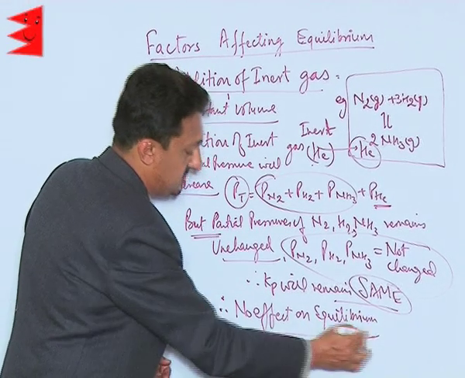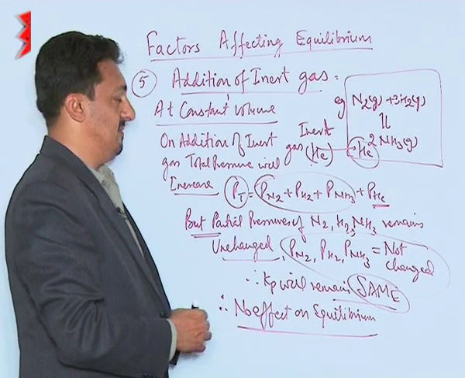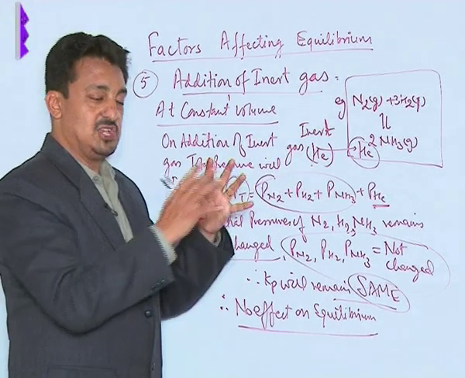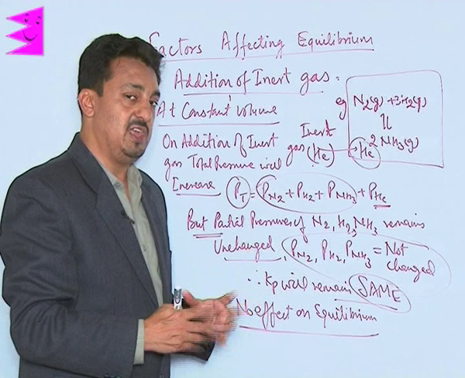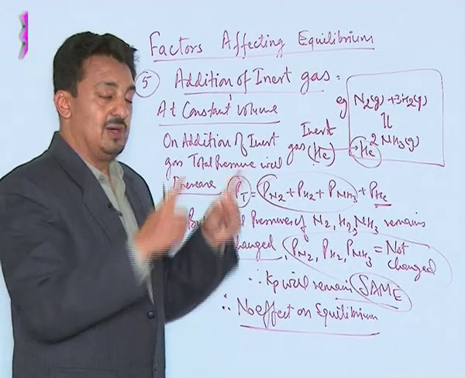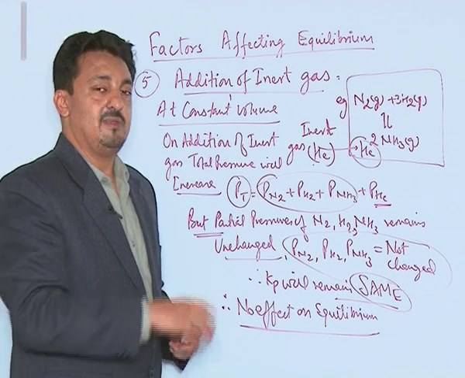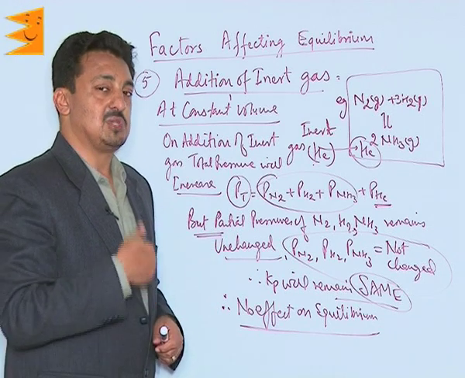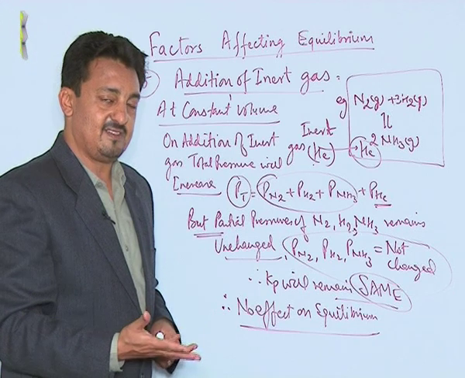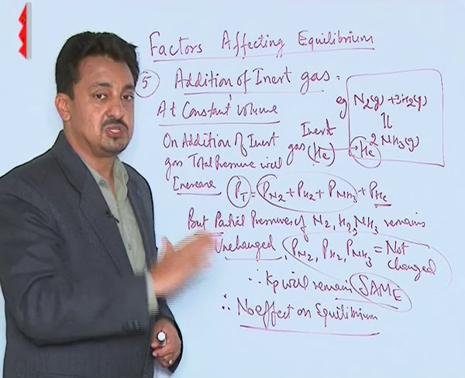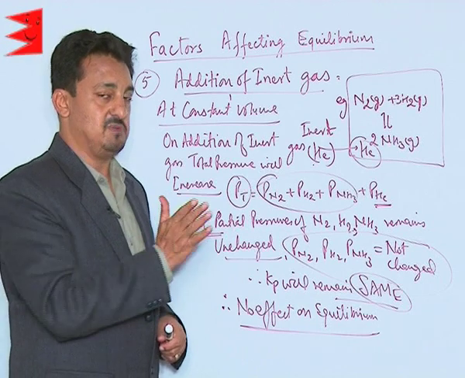This is the main point. Whenever an inert gas is added to a reaction mixture which is already at equilibrium in a closed vessel at constant volume, the equilibrium doesn't get affected, because only the total pressure increases, but the partial pressures of the gases involved in the reaction remain the same as earlier.